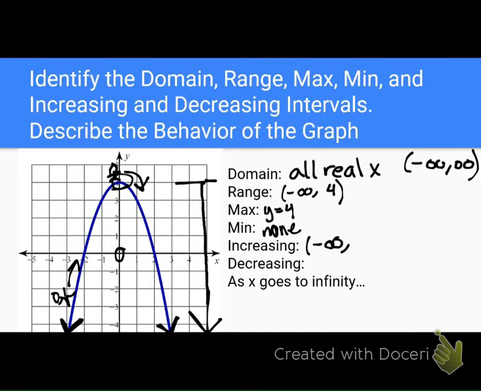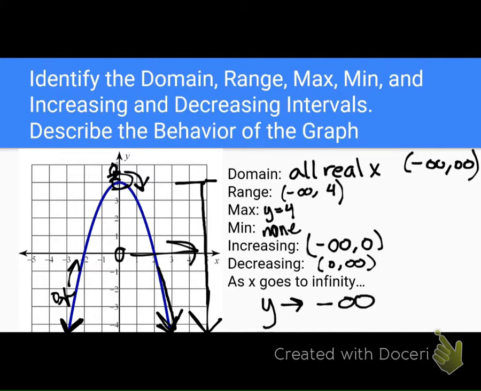So my function is increasing from negative infinity to 0. Then after 0, I go downhill forever, so it's decreasing from 0 to infinity. As x goes to infinity, as I get bigger and bigger with my x, I notice that the y values are going down, and they're going to continue to go down, so I would say y goes to negative infinity here.